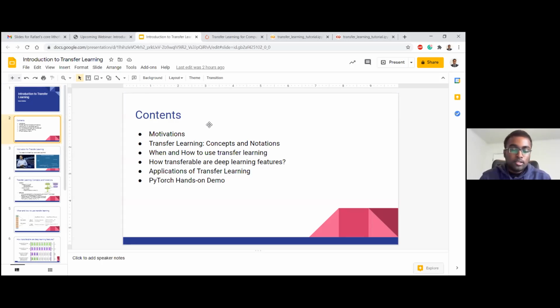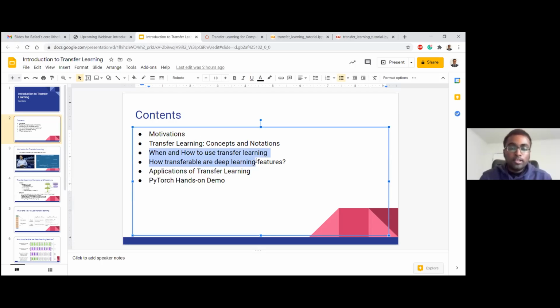by telling about the concepts and the notations that are involved in transfer learning, so that once you're familiar with these basic notations, when you read further research papers, it will be really helpful. Followed by these 2 points, which will be very helpful: explaining when and how to use transfer learning and how transferable the learned features are.